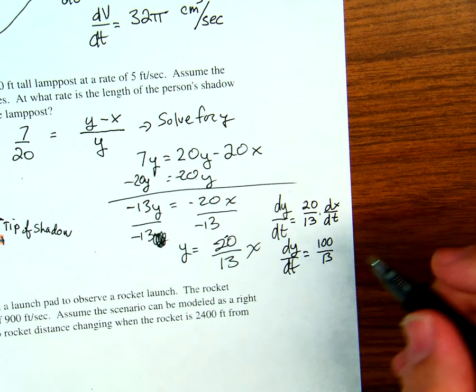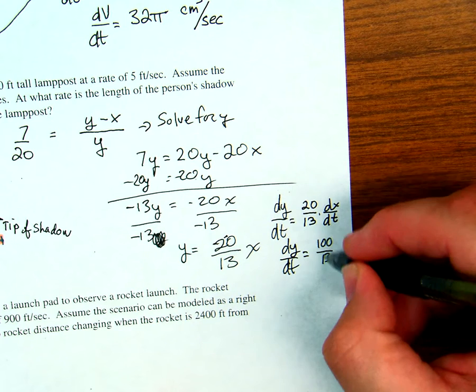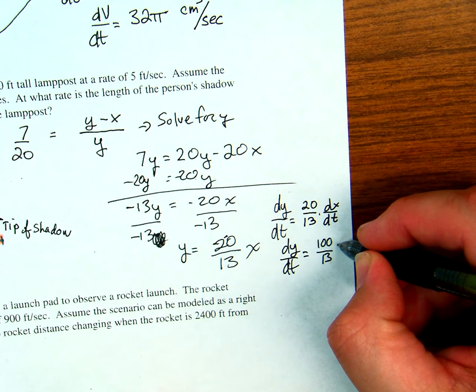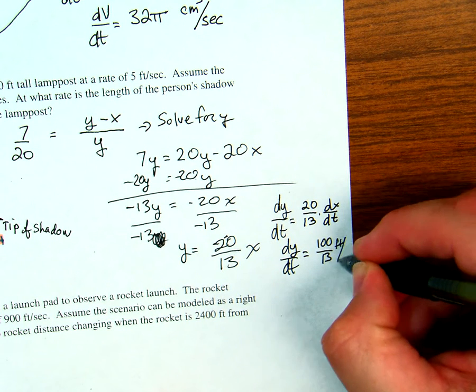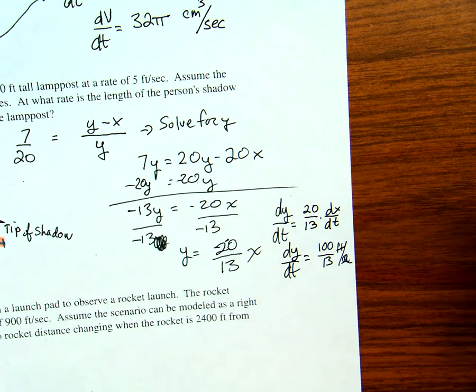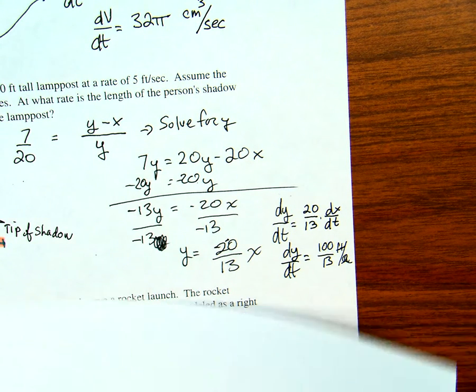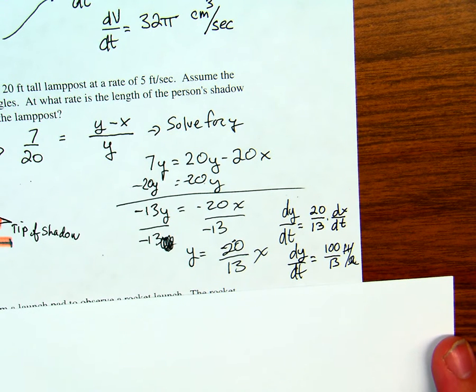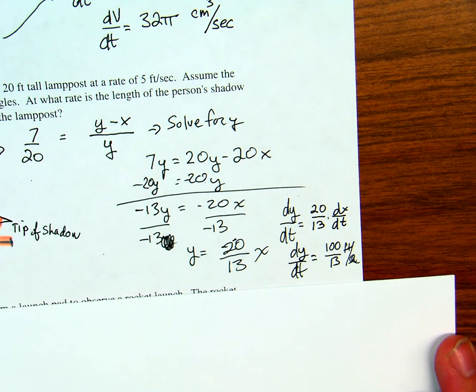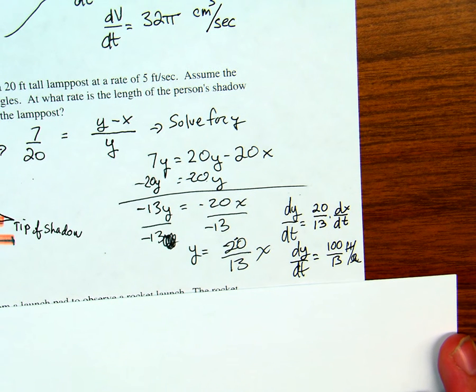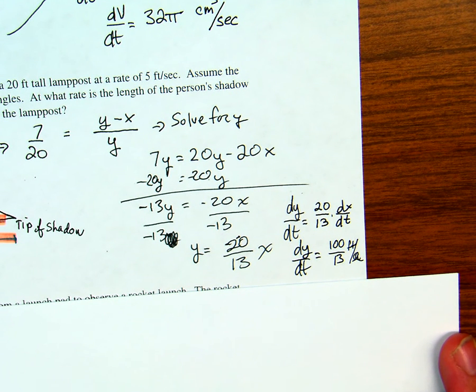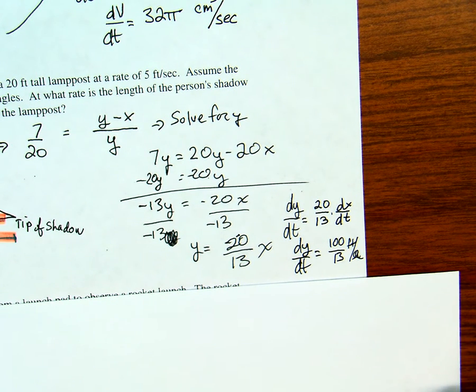And I'm running out of actual space, so I need some more white paper. All right, question. We didn't have to use, actually, no. You never have to use that 16. But we're not done. Here's the thing: you're not done. What's the question asking? We want the rate of the shadow changing, don't we?